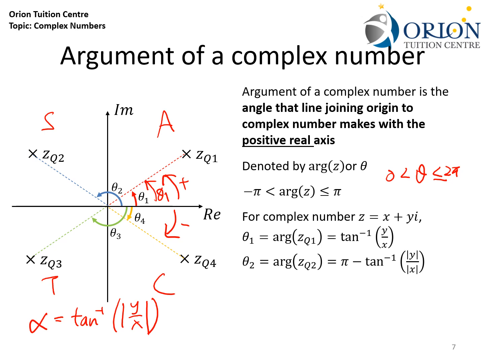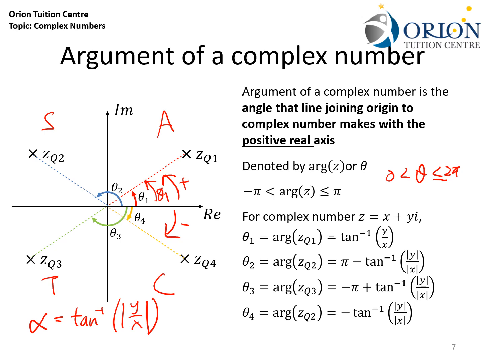Similarly, for a complex number in the third quadrant, the basic angle can be calculated using tangent inverse of modulus of y over x, and the argument becomes negative pi plus the basic angle. Lastly, the argument of a complex number in the fourth quadrant is calculated by the negative of the basic angle.